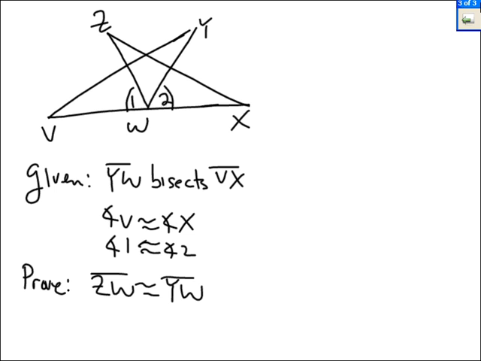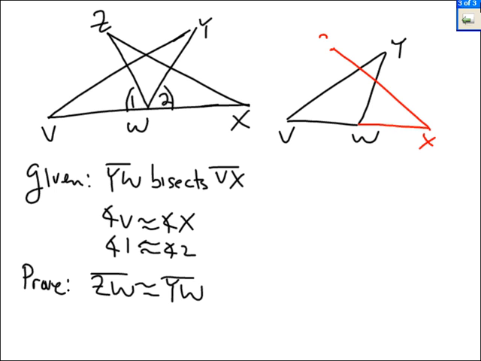For example, maybe, and no promises here, VWY will be one triangle, and WXZ is yet a second triangle. Okay, we get the same diagram. Angle 1, angle 2. So I have a sneaky feeling that that's what's going on.